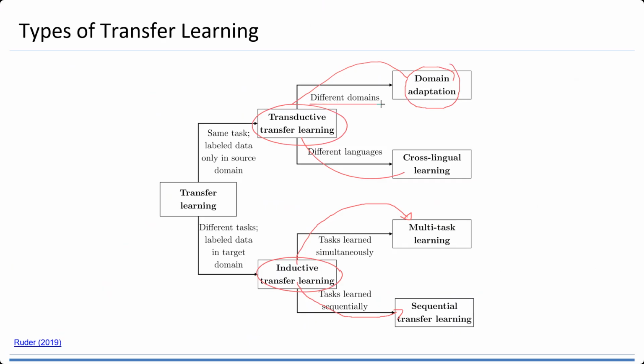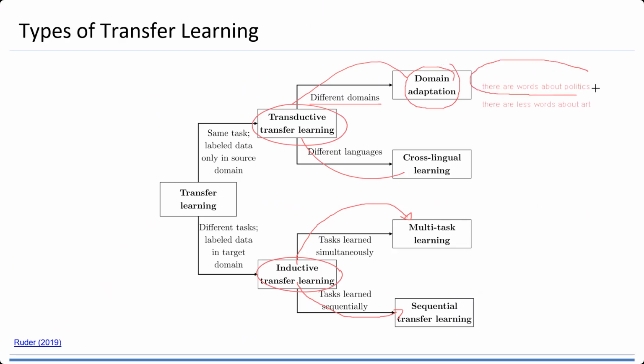It is on a different domain. Let's say there are many words about politics, but fewer words about art. Then I can use the words from politics.